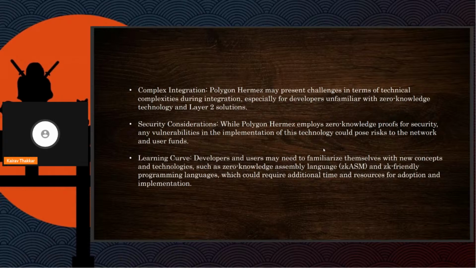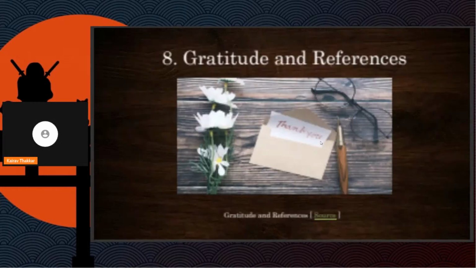We're talking about real millions of dollars, so if you are processing that, it would be an issue. And there is the learning curve: developers need to familiarize themselves with zero-knowledge assembly language and ZK-friendly programming languages, like Cairo and others that are coming out. People would need to adopt and understand them, especially developers building for the next generation.